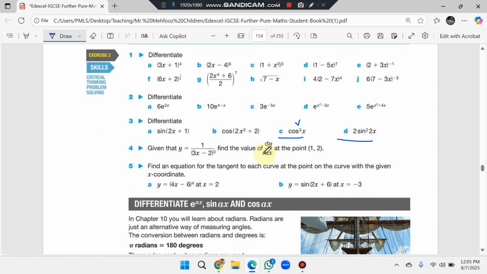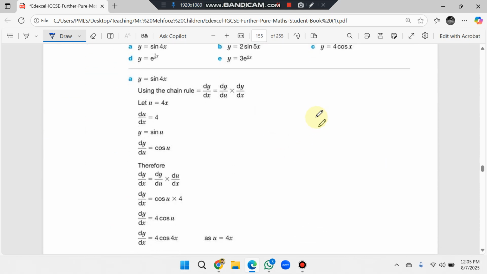Again, when you have some other function, let's suppose y equals e raised to the power 2x, right? Now again, when we take the derivative, dy by dx equals d by dx of e raised to the power 2x.